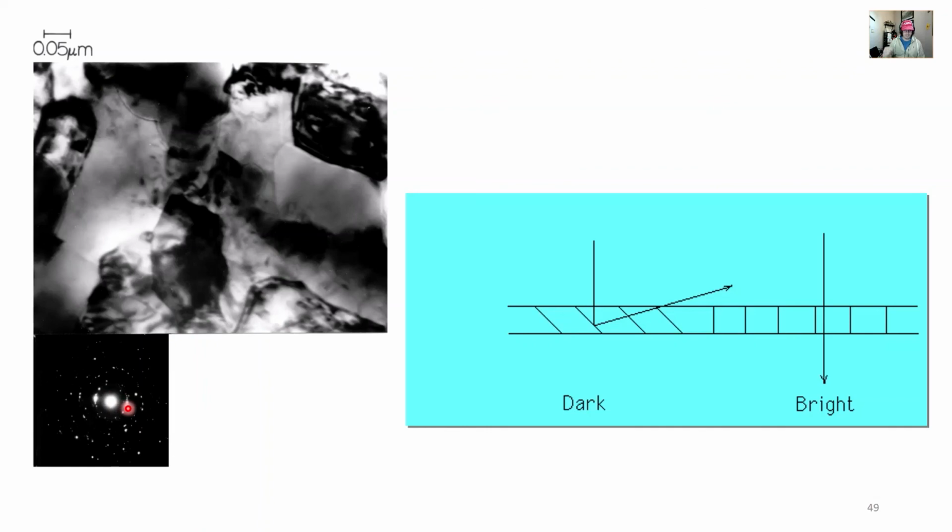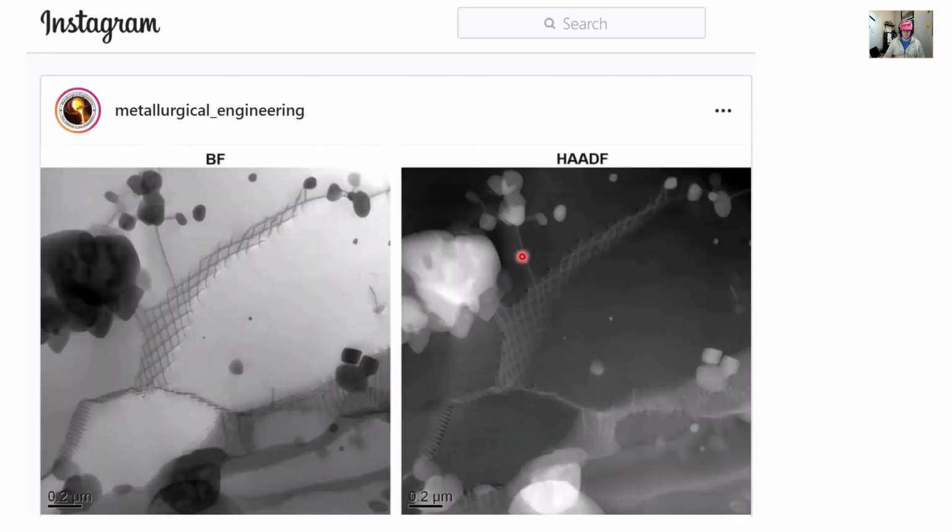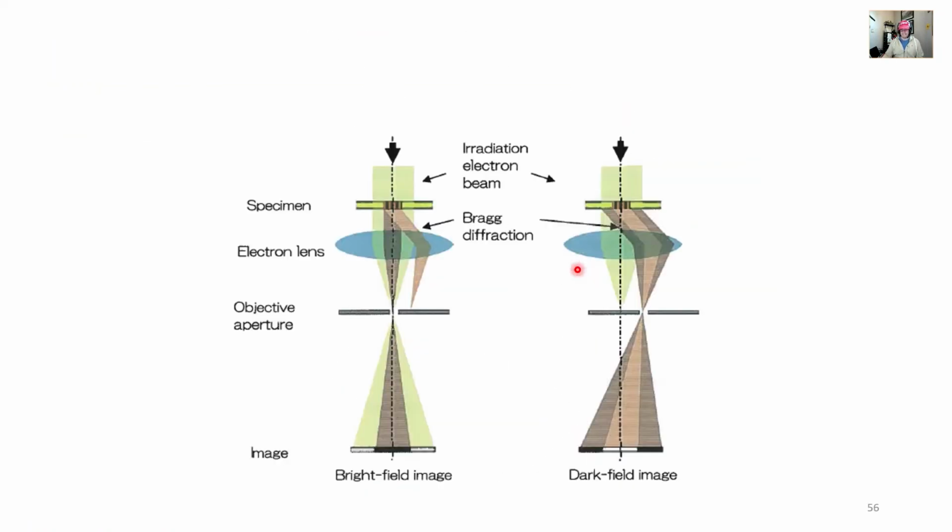When we make our image off of this beam, we get basically a dark field image, because we're making the image off the diffracted beam. And that's more like this. You've moved your aperture over to where the diffraction spot is, and then you're imaging off of that. That's aperturing to make a dark field image. You have to have a diffraction pattern in this instance to do it.